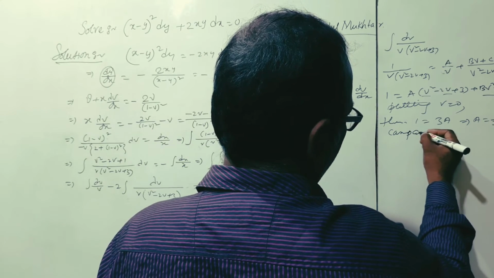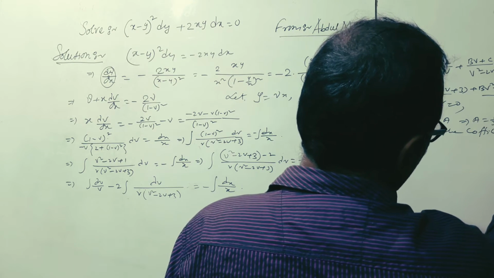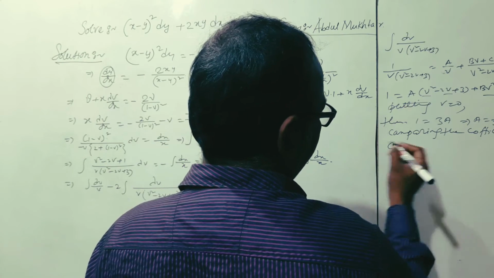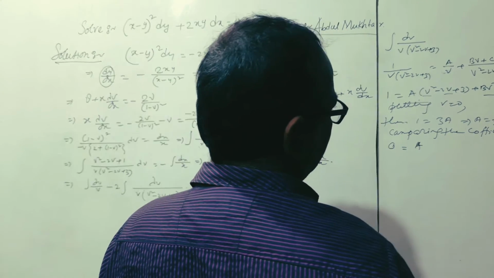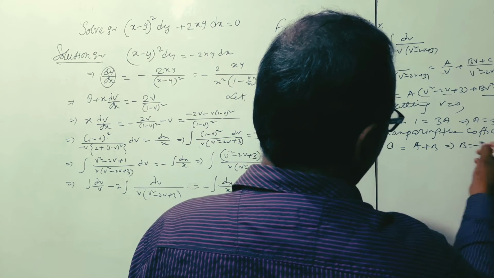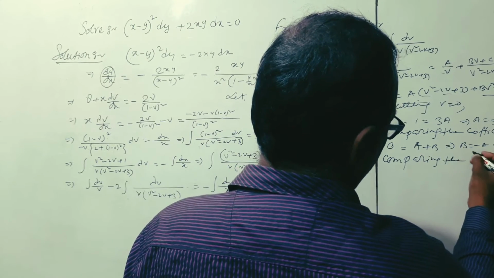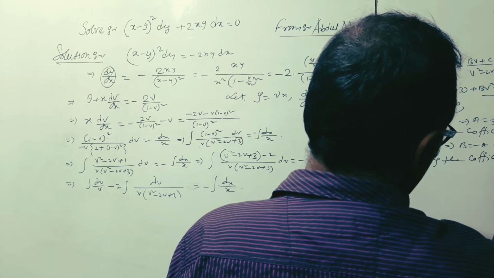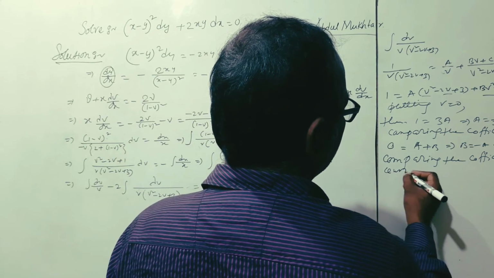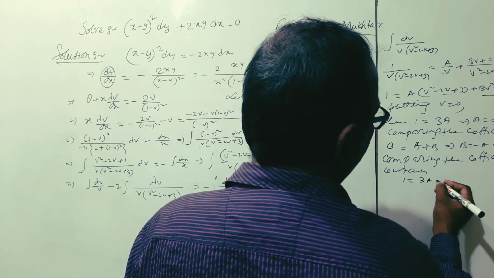Comparing the coefficient of v square on both sides: on the left hand side the coefficient of v square is 0, on the right hand side it is a plus b, so therefore b equals minus a. Coefficient of constant: on the left hand side here is 1, and this is 3a.